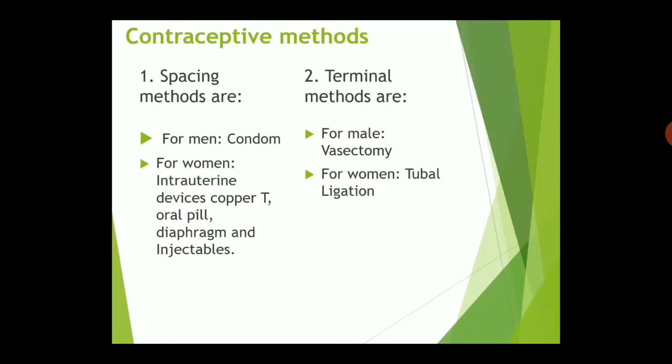Some of the available spacing methods are: for men, condom; for women, intrauterine devices like copper T, oral pill, diaphragm, and injectables. For terminal methods, vasectomy is available for men, and for women, tubal ligation.